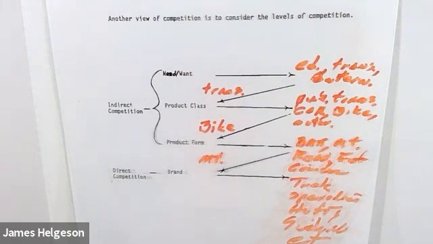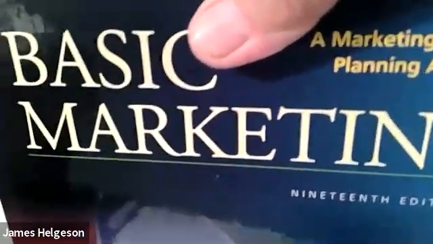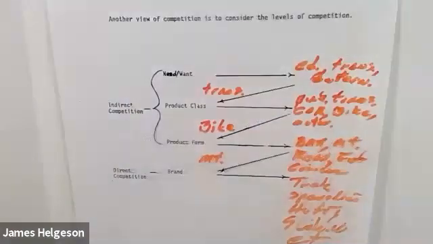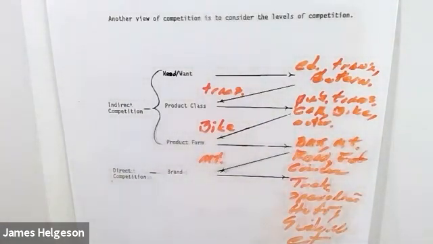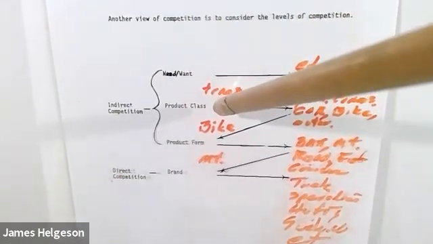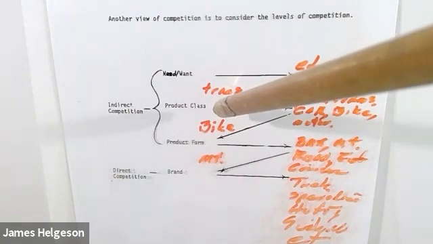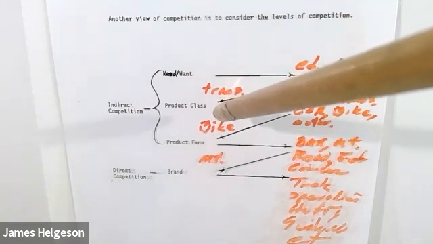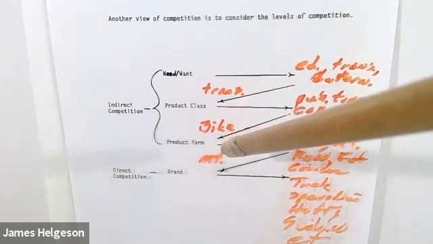But first, let me link it up to the textbook. In your textbook, 19th edition, Basic Marketing, Perreault, Cannon, and McCarthy, they talk about generic markets. Generic markets are sort of like product class. On page 89, they talk about generic markets, and then they talk about product markets, which are sort of like product form.